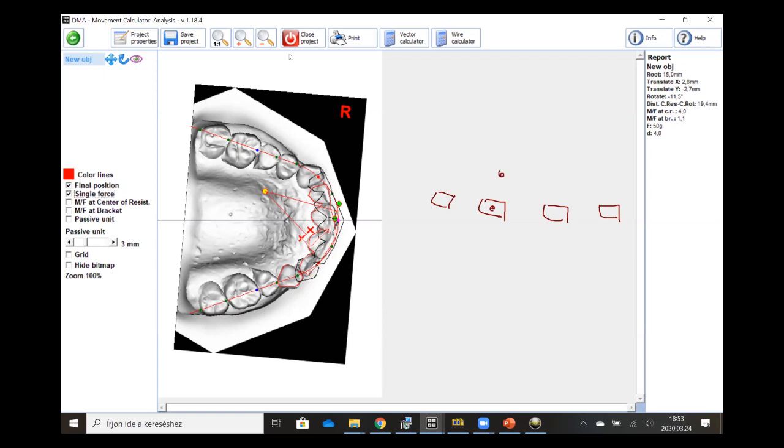Okay, so first of all, you need a very rigid wire. And if you want to do it with one wire, it's quite complicated. So you should do something like this and use this extension to attach the cantilever.